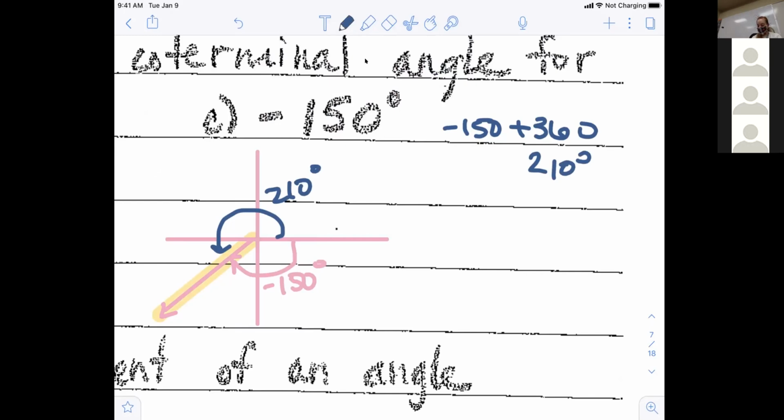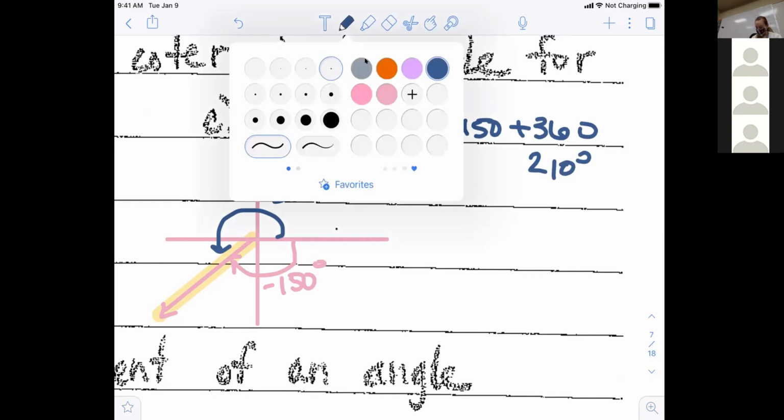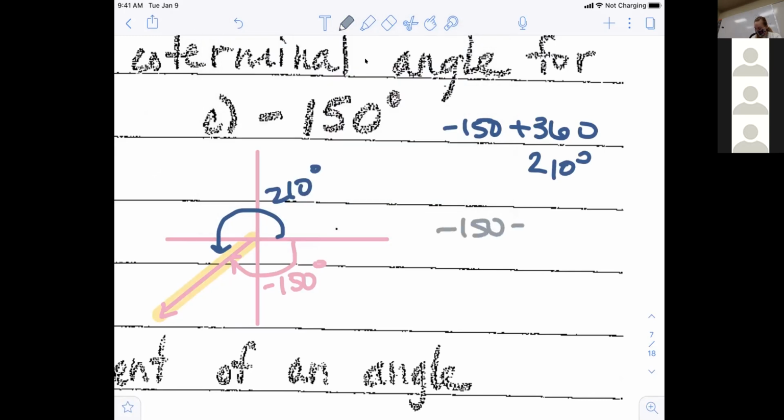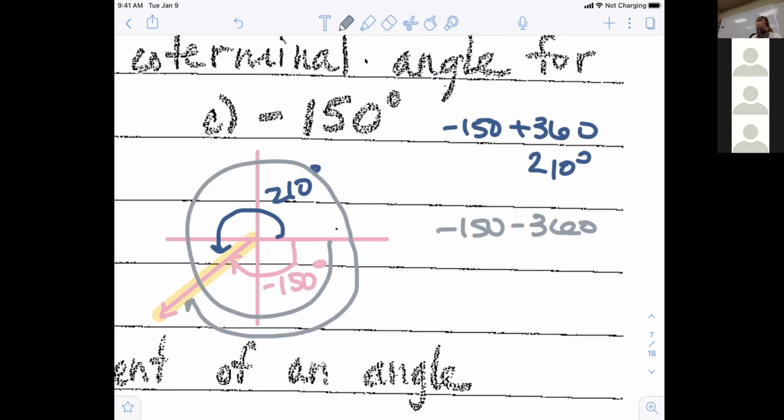And then now I'm going to do minus 360. So I'm going to have a big negative, negative 150 minus 360. Because I'm going all the way around to negative 360 and then around a little bit more to get to negative 150 again. So negative 150 minus 360 is, I believe, negative 510.